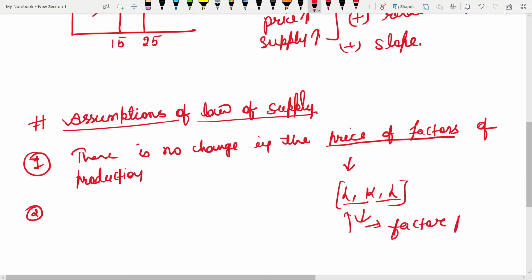If wage is high, we can say the price of labor is high. This is the price of factors. So this assumption says there is no change in the price of factors. Otherwise, the law of supply would be invalid, or does not work, if the assumptions are violated.